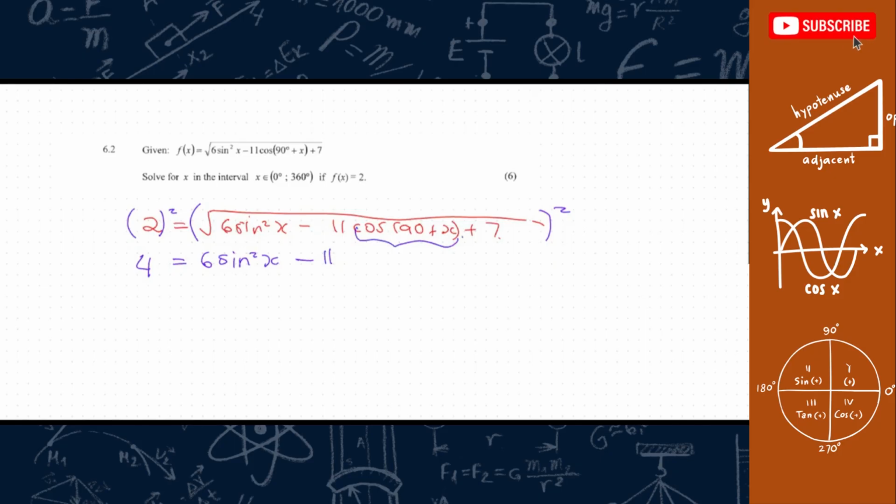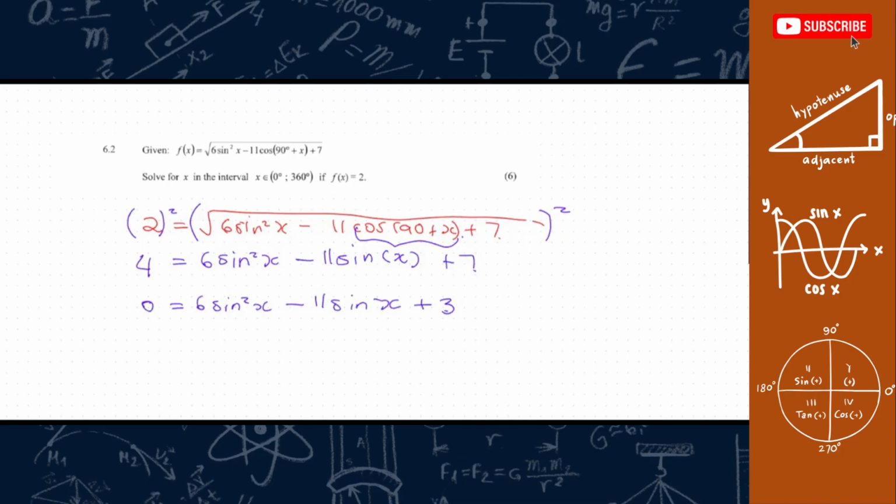I will send some information after the classes. We have sine of x plus 7. And this is 0 is equal to 6 sine squared x minus 11 sine x. If we take 4 to the other side, that's going to give us a plus 3.